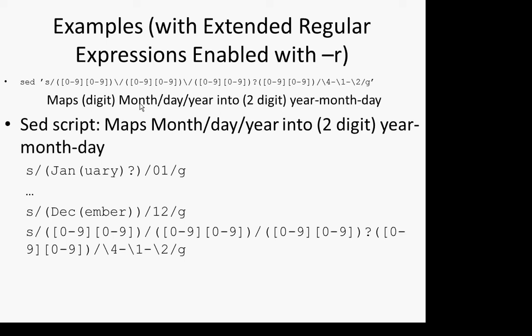Suppose we wanted to map this into year, month, day, which is a more consistent feel, coarser to finer in general. Well, we can do so with this sort of expression. Here we've used these matching for digits. I haven't tapped into the ability to match digits in some special way. Instead, I'm just using it in the way that is most obvious to you.